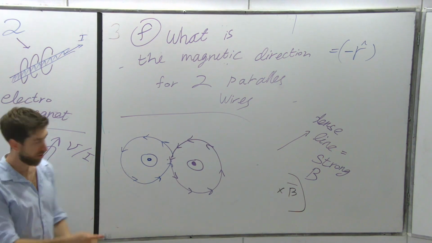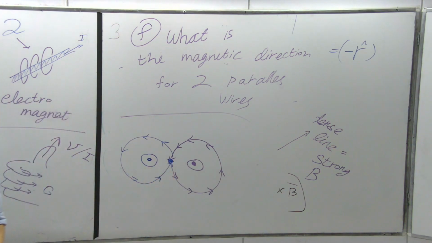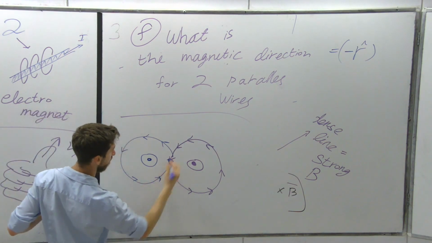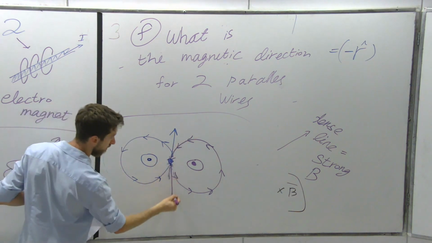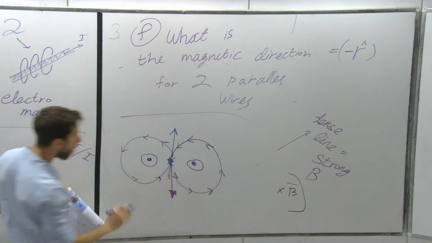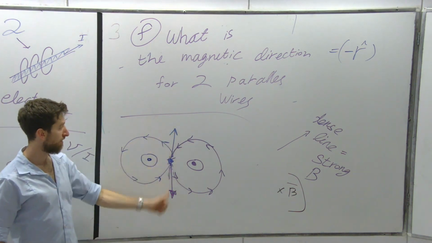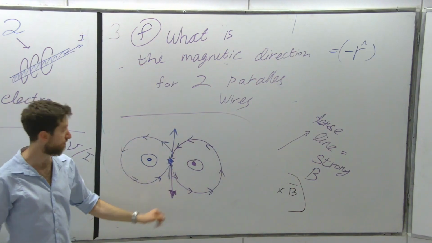So what do I expect the magnetic field to be? Zero, because the blue contribution cancels out with this one. So there's no magnetic field in that direction.